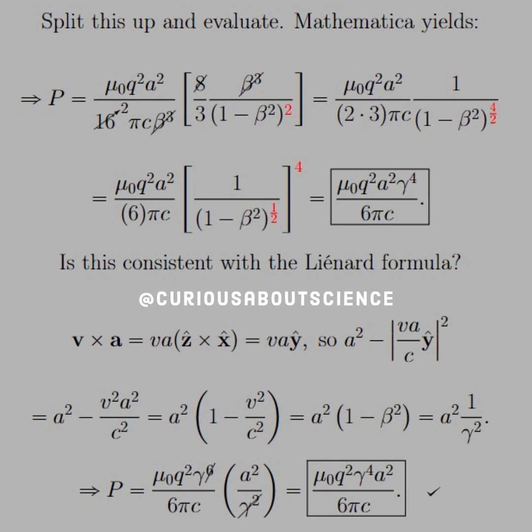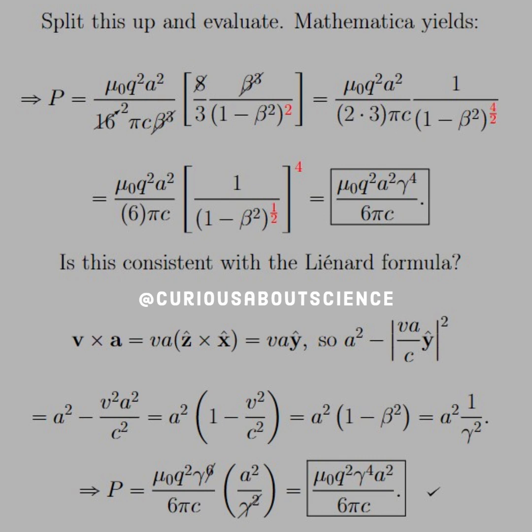So, yeah, once we do this, now we can ask, is this consistent with the Liénard formula? Well, v cross a is equal to va, x cross, or z cross x, which gives us a va y hat. So a squared minus the absolute value of va over c, y hat. Well, if we're just squaring that, then we can just take the unit vector away.